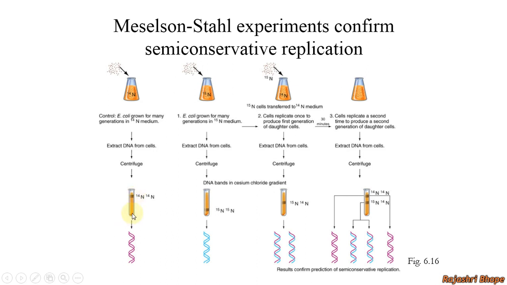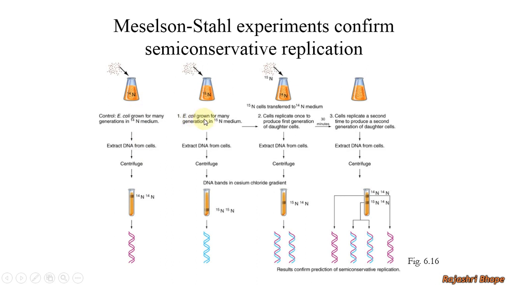Density at the bottom is highest and decreases towards the top, so at the top the density of the medium is lowest. Now this N14 nitrogen has low density, so all the DNA molecules extracted from this control settle at the top side.